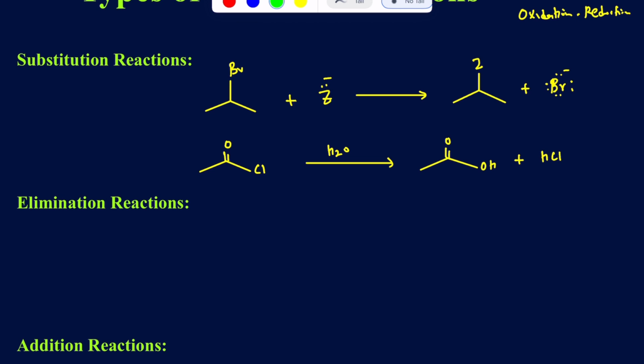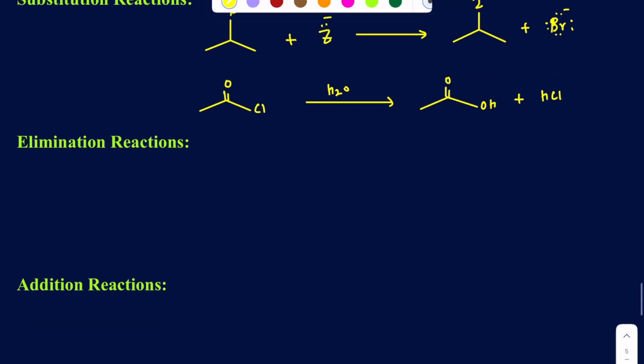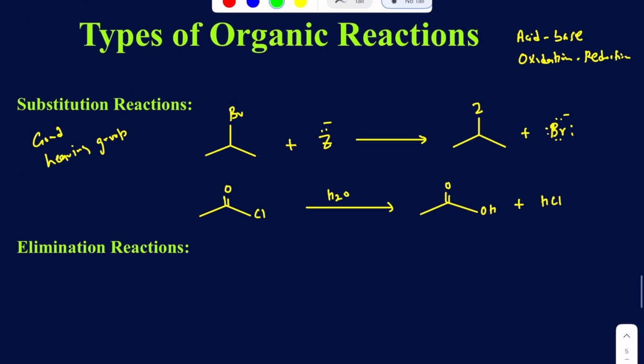Now, how do I really identify the substitution reactions? Obviously, you want to look at what you have as a starting material and what you have in the product. But one of the things that you typically have to have in a substitution reaction is a good leaving group. In both of those examples, I used bromine and chlorine that was knocked out with something else.